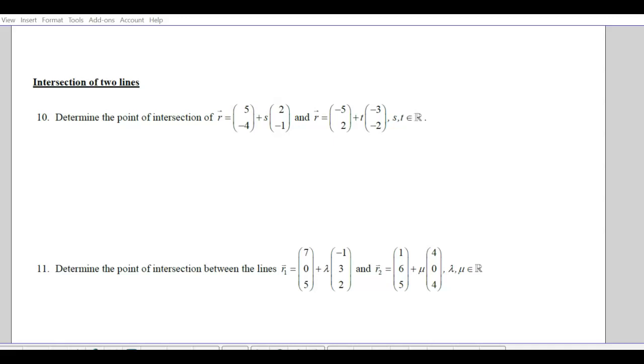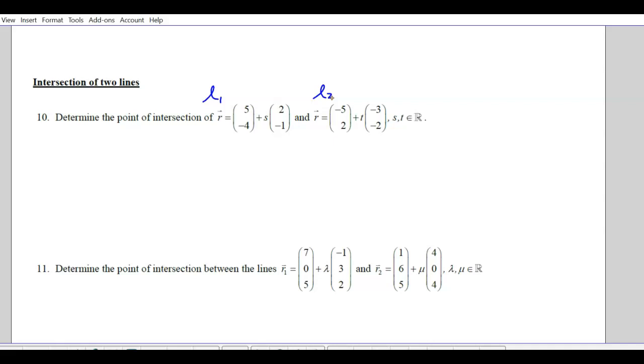So I'm just going to call this L1 and L2 for our lines. You can convert them back to slope y-intercept form and then find the intersection, but that's a fair bit of work, and we want to be able to do this for lines in 3 dimensions, so that's not going to work.